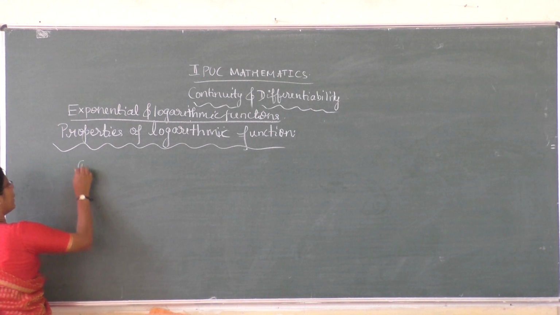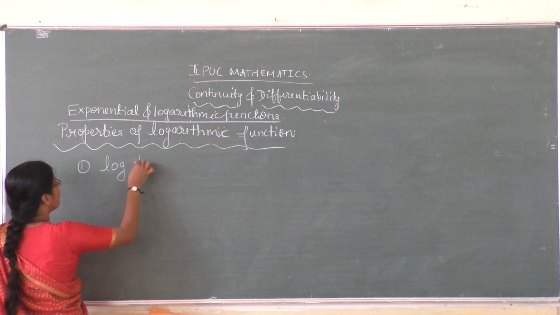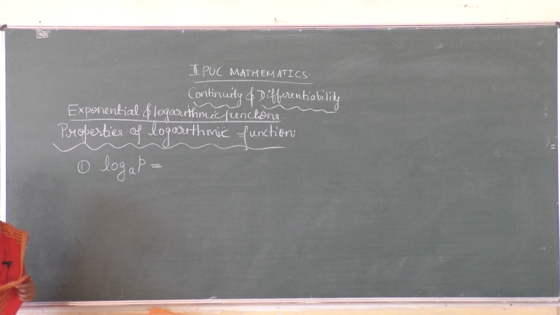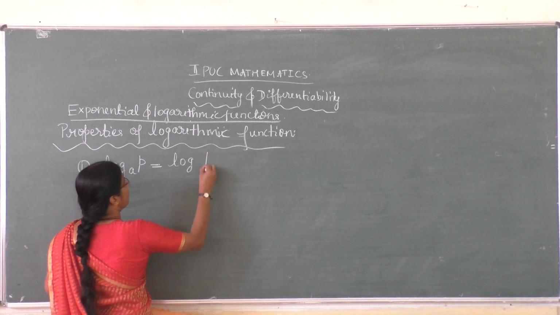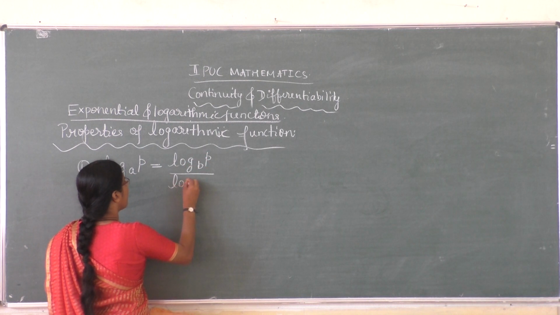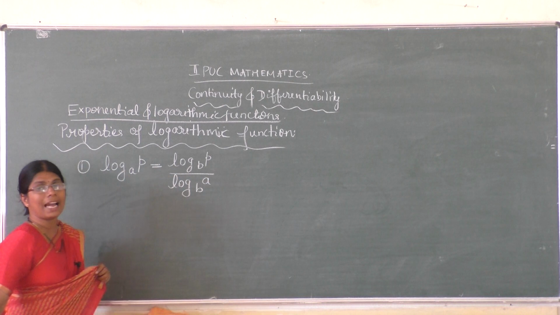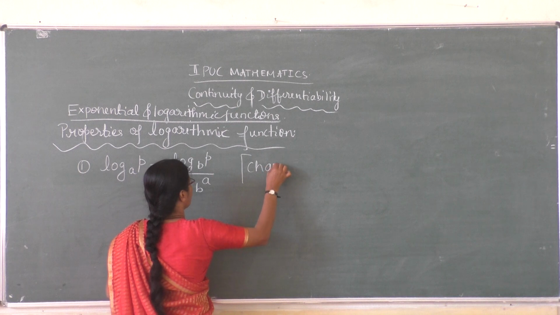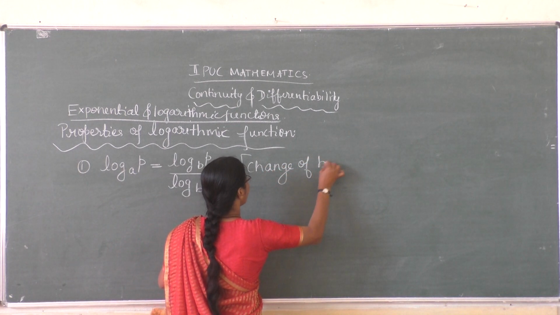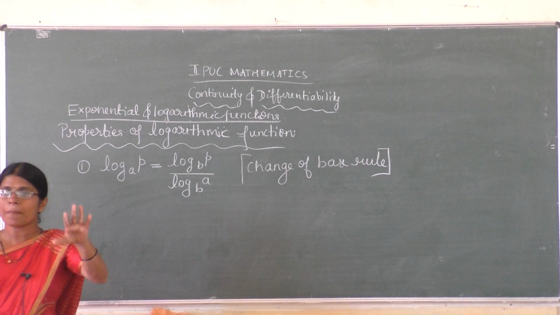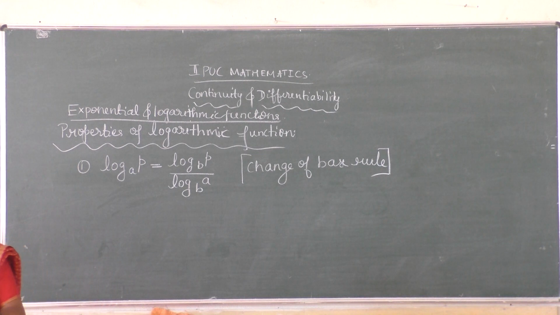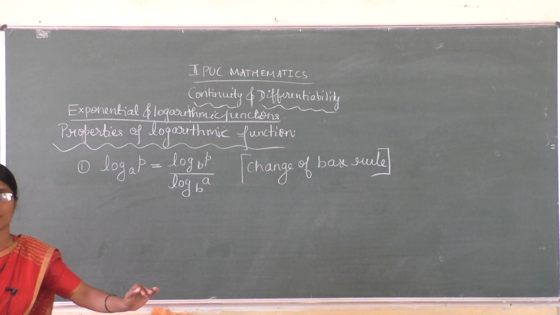So the first property: log p to the base a is nothing but log p to the base b divided by log a to the base b. That is the change of base rule. For simplification, if some base is given in a particular problem and we cannot solve using that base, then we have to change the base to the one we want.